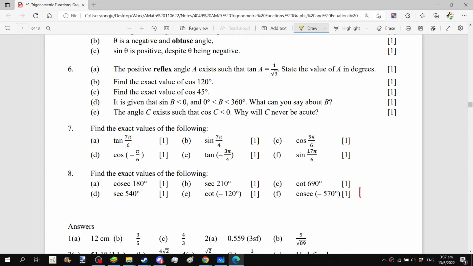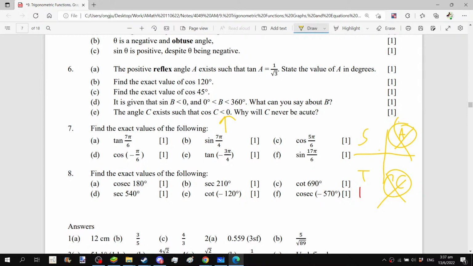The next question then asks, the angle C exists such that cosine C is less than 0. Once again, let's look at our quadrant diagram, and you will see that C, capital C, can indeed never be acute, because the positive areas are A and C, and we are negative right now. So these two places are gone.